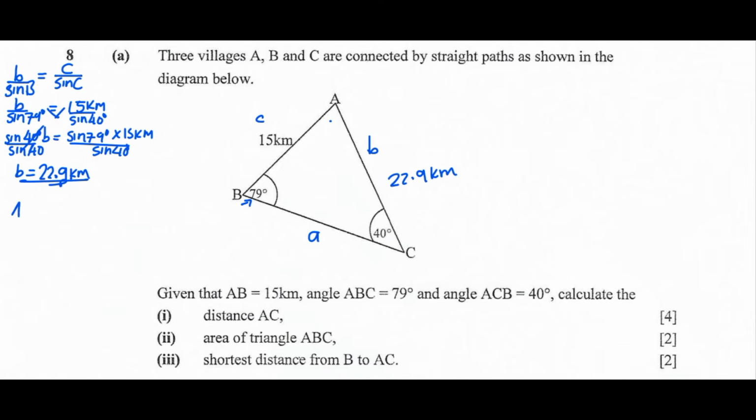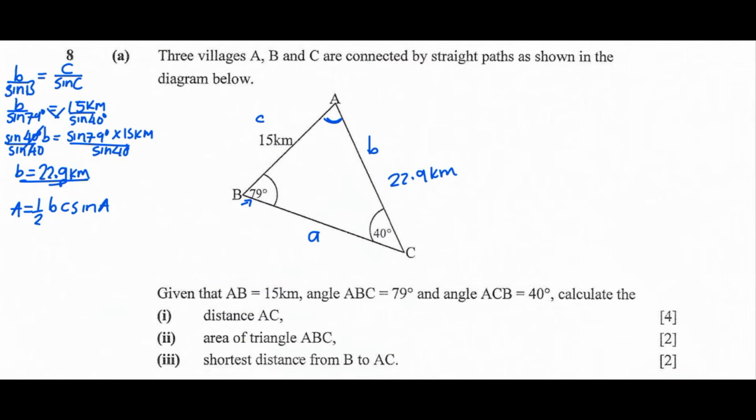So area is equal to half. Now the two distances that we are going to use here are B and C, since these are the two distances that we have. So this will be half BC, then sine of the angle. Which angle? We are going to use angle A, so sine angle A.